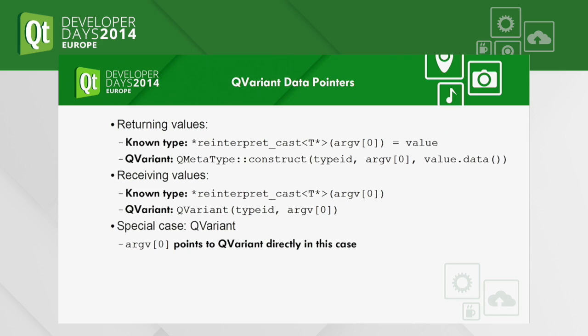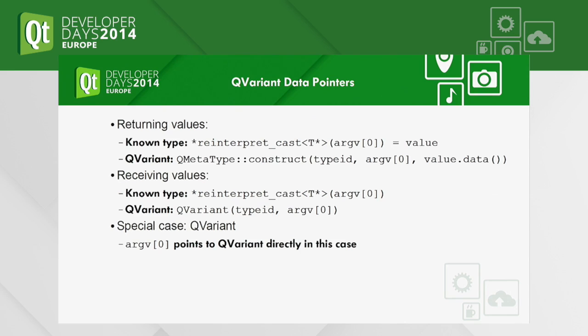That's an integer provided by QMetaType, so it knows how to interpret that void pointer. That type ID you usually get from your MetaObject. Otherwise, there's QMetaType that you can ask if you only have a string of the type, to get you the ID.